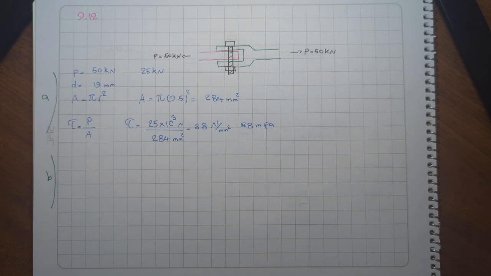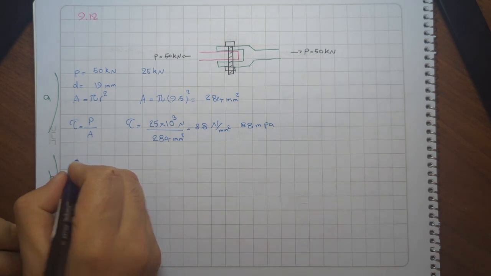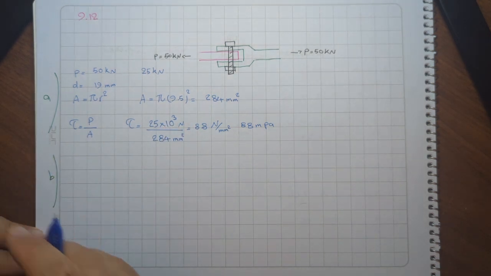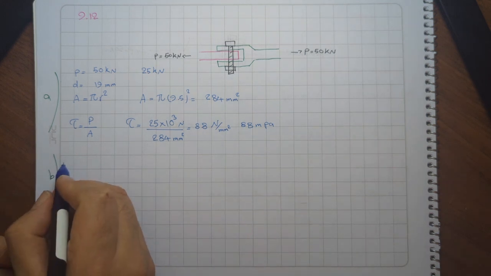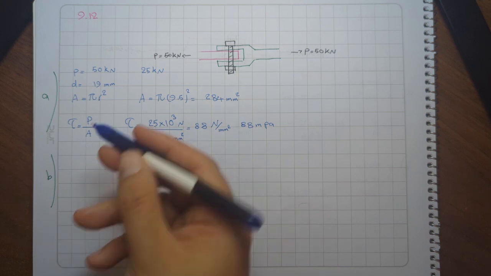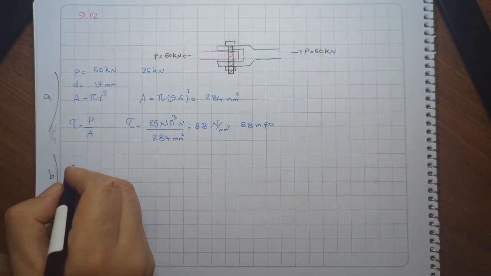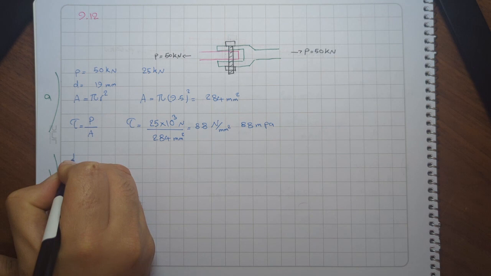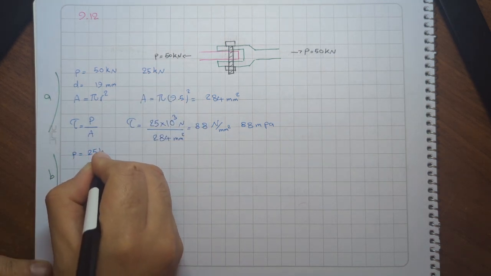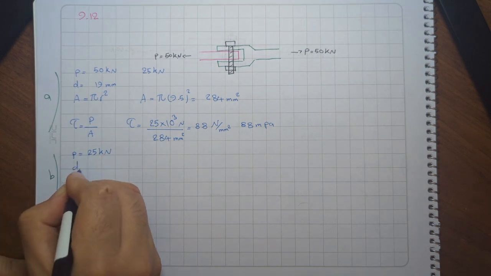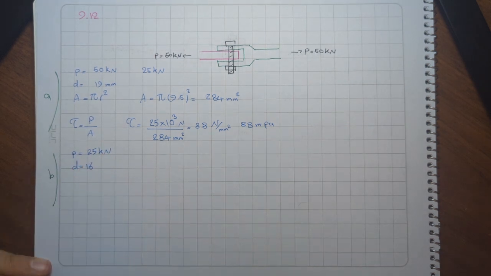Part B of the question says calculate the percent increase in shear stress if the bolt diameter is reduced to 16 millimeters. So first we're gonna calculate the shear stress when it is 16 millimeters, and then we're gonna see the increase percentage or decrease percentage compared to this answer. So first, what do we have? Again, P equals 25 kilonewtons. D this time is 16, if I'm not mistaken.